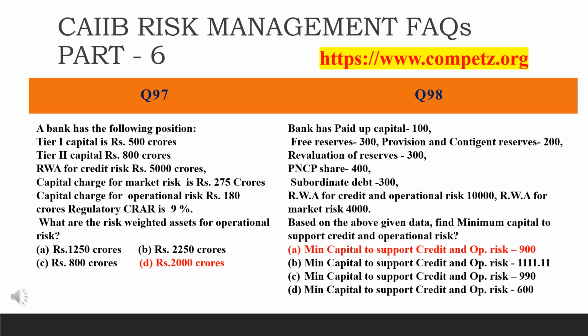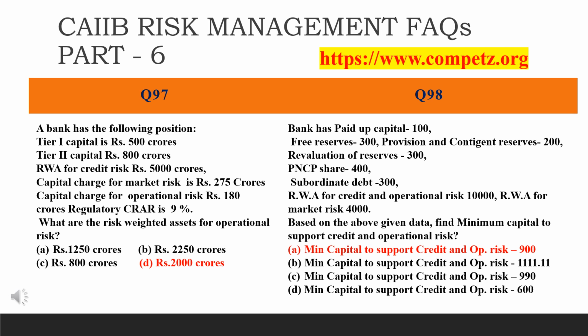Capital charge for market risk 275 crores and capital charge for operational risk 180 crores. Then the regulatory CRAR specified is 9%. The question asked is: what are the risk weighted assets for operational risk?